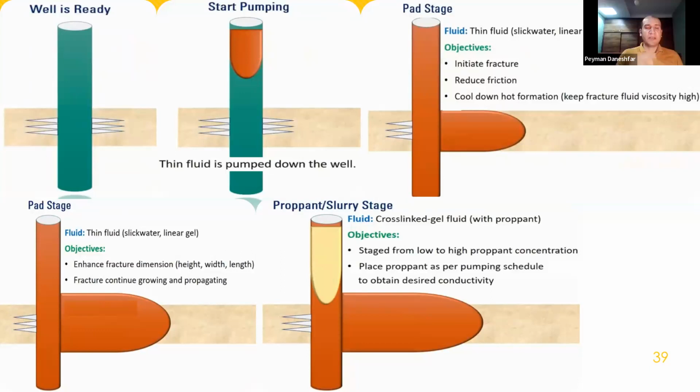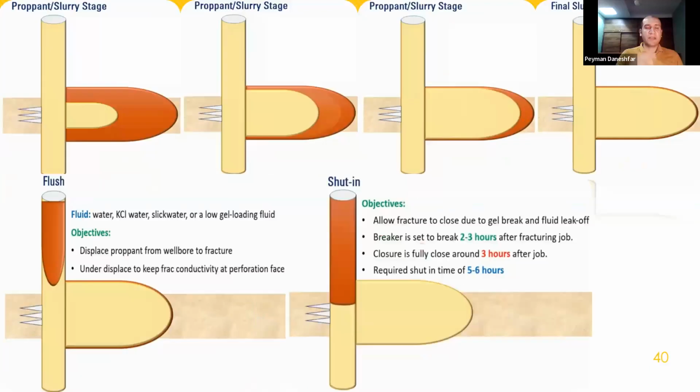Proppant screen out problem. So the slurry goes inside the well and is injected more and more to fill the fracture. After that, we displace the proppant from the wellbore to the fracture, and displace to keep the fracture conductivity up at the perforation faces.